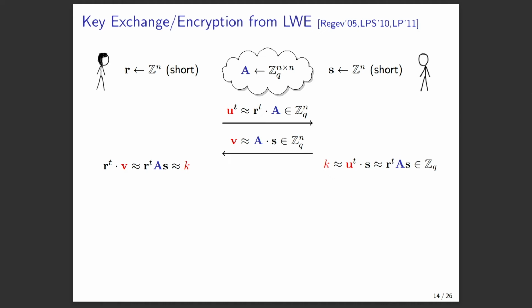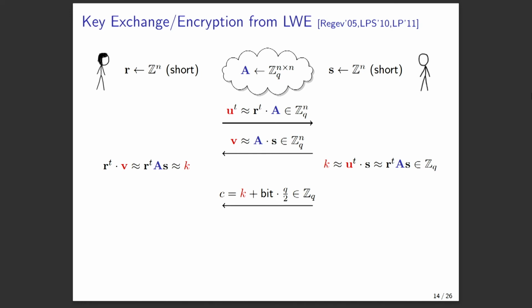That's the secret key. And the same thing over here. Bob takes Alice's public key times his own short random S. And that looks like R times A times S up to some relatively small error. Okay, so they both have a value that's approximately equal to K. And they can use this to now send a secure bit between them, for example.